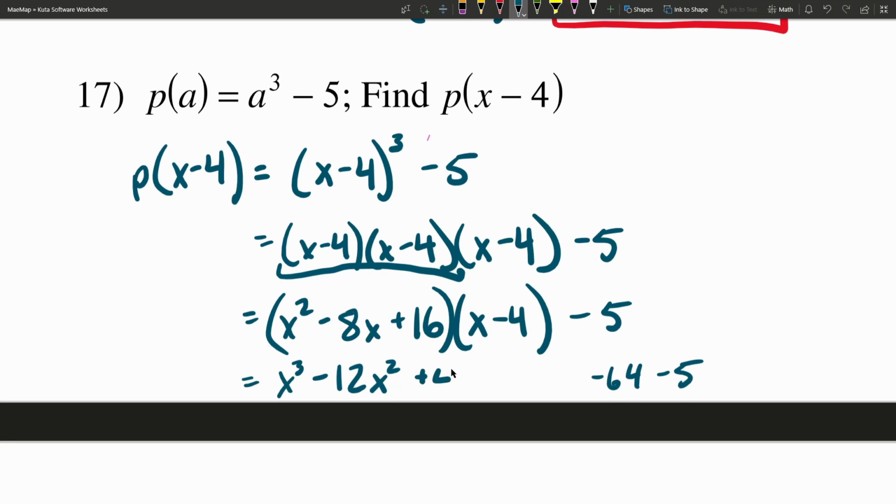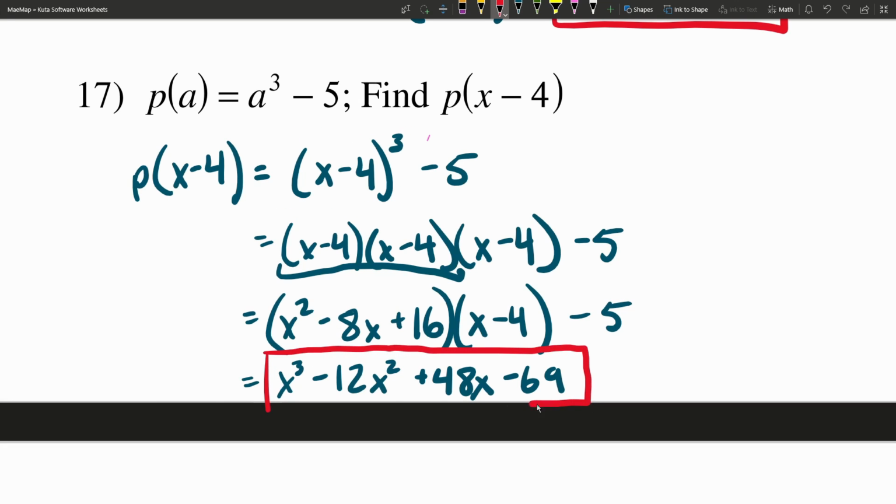So plus 48x. And then finally, combining my negative 64 and my negative 5, that's going to give me negative 69. So my solution for number 17, after I've expanded out my polynomial, is x cubed minus 12x squared plus 48x minus 69.